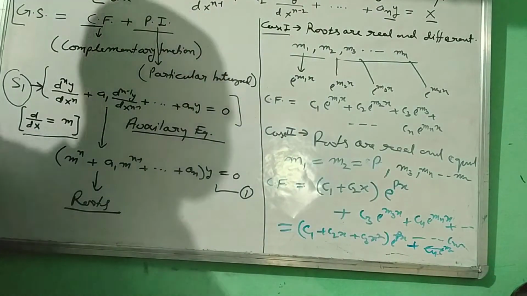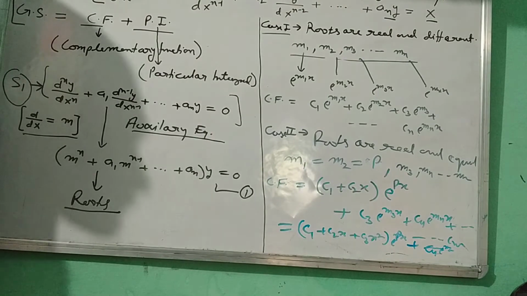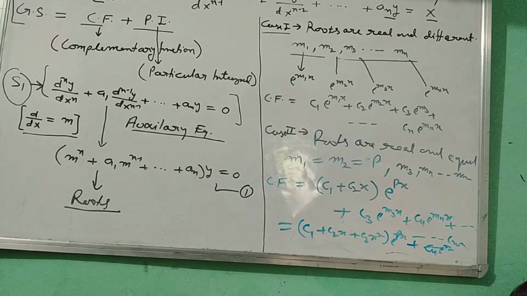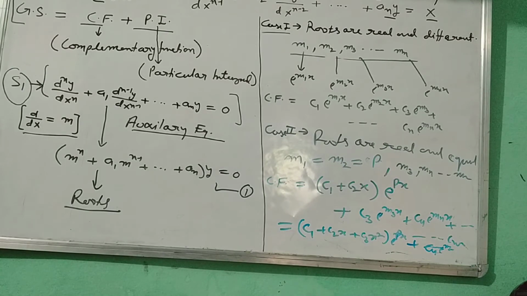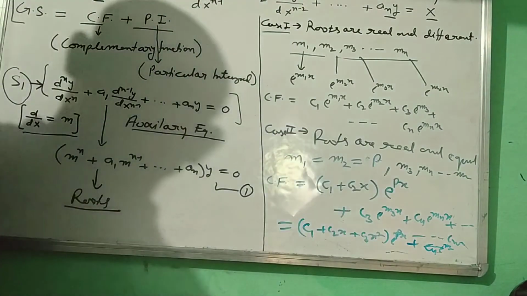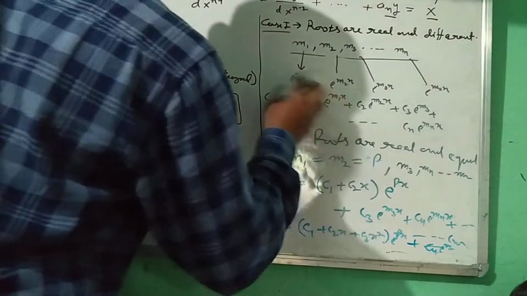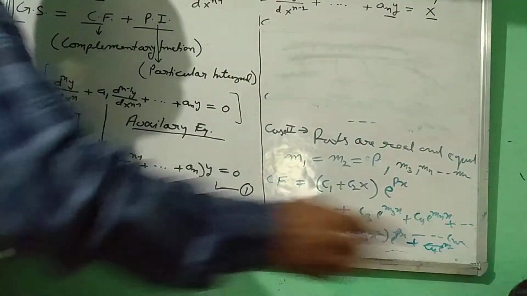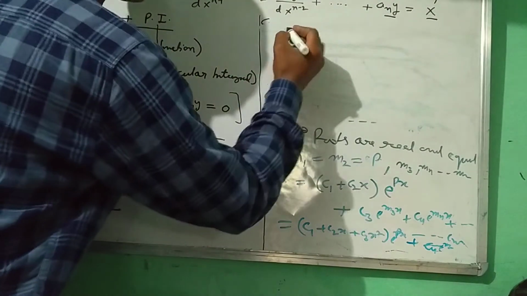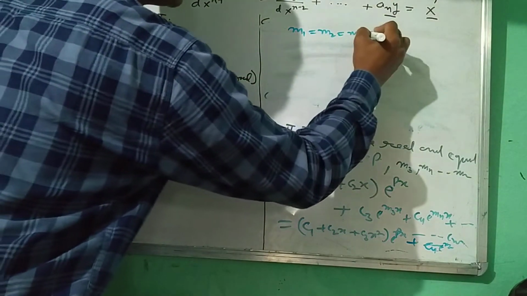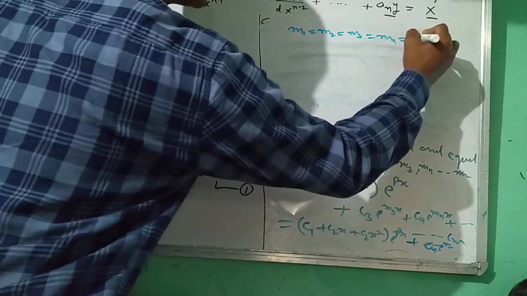Similarly, when we have more than three roots equal, suppose that m1 equal to m2 equal to m3 equal to m4 equal to p.